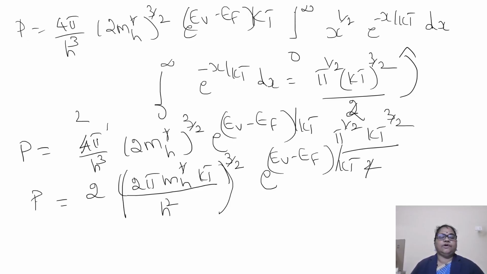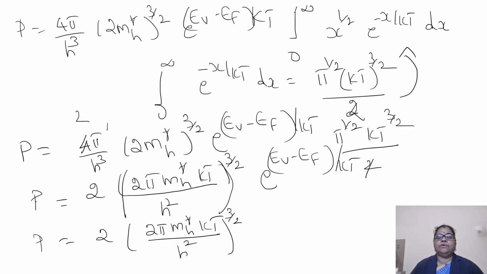So this is the final expression for P. We can write it like this: 2 which is multiplied by (2 pi mh star kT by h square) to the power 3 by 2, which is multiplied by e to the power (Ev minus Ef) by kT.